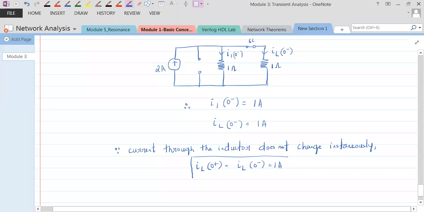So they had asked for IL of 0 plus; we obtained IL of 0 minus, and we know IL of 0 minus is IL of 0 plus, so IL of 0 plus is 1 amp.